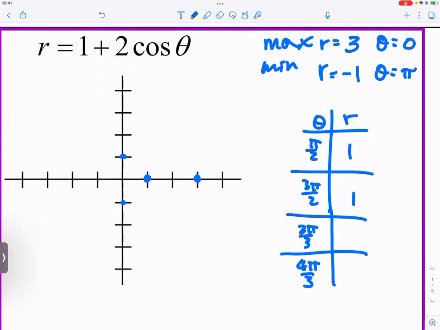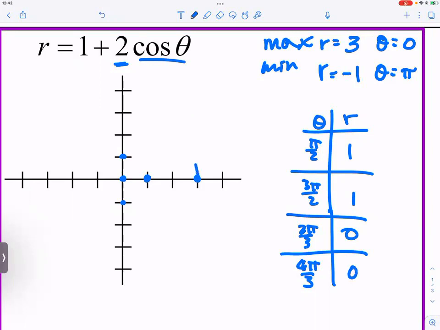And -1/2 times 2 is -1. 1 minus 1 is 0. The same is true when you look at cosine of 4 pi over 3. It's -1/2 times 2, which gives you -1. 1 minus 1 would be 0.